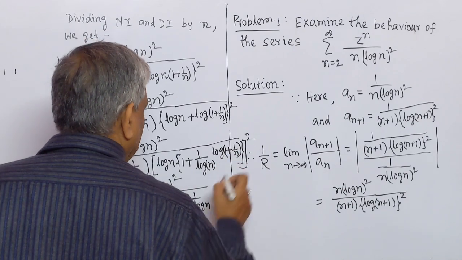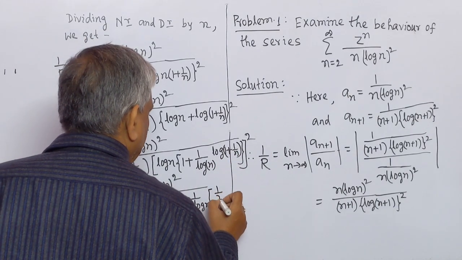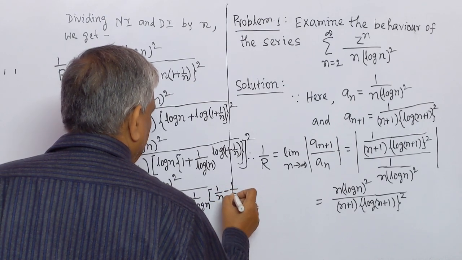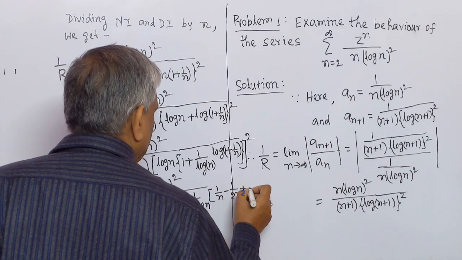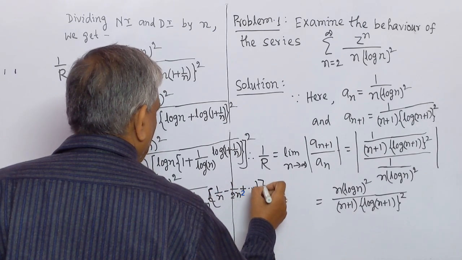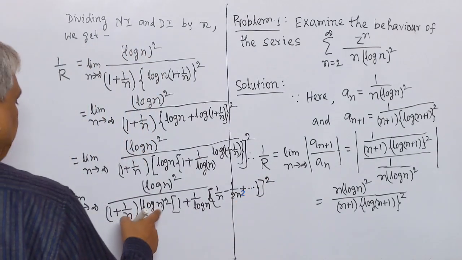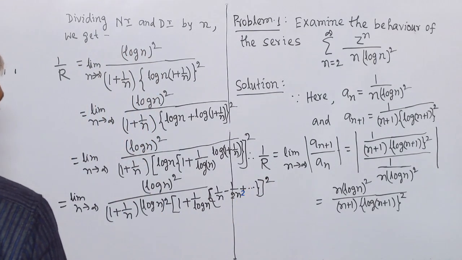Here we expand this: 1 by n minus 1 by 2n plus dot dot dot whole square. Here (log n) whole square cancel.